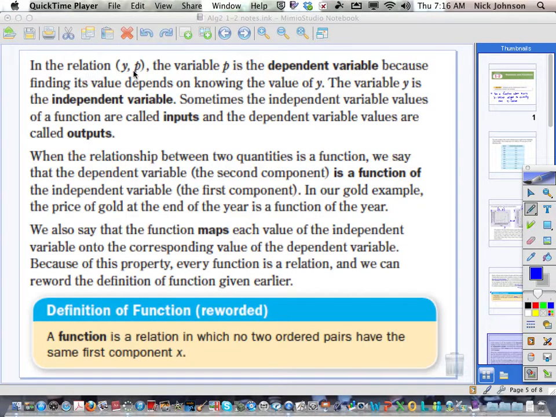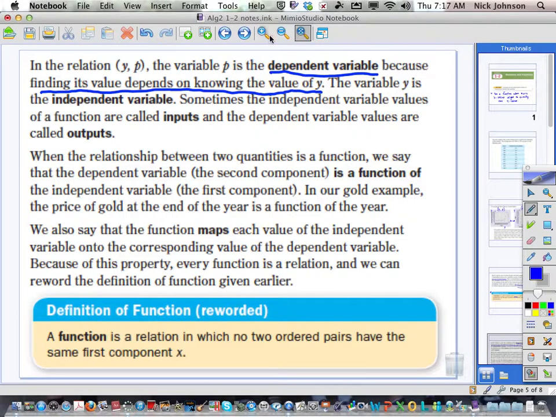In the relation y comma p, where our years were first and our cost was second, the variable p is the dependent variable. So the second number in your ordered pair, normally your y values, are what we call dependent variables. Why are they dependent? It's because they're dependent on whatever the x value is.